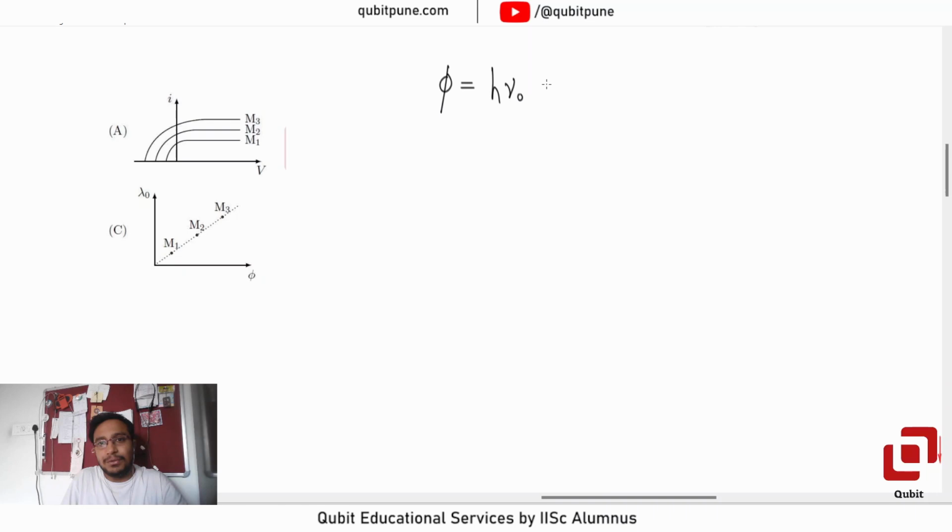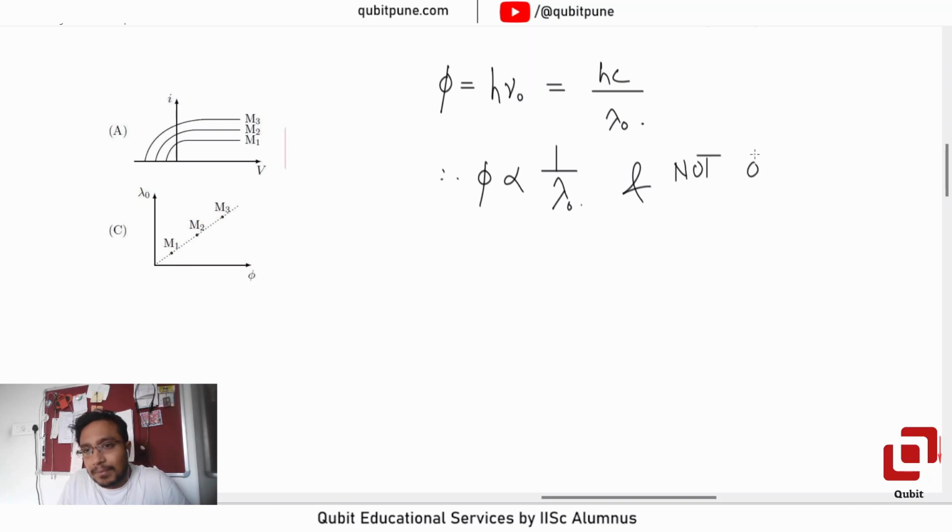Work function is h nu naught, which is hc by lambda naught, which means phi shares an inverse relationship with lambda naught and not phi proportional to lambda naught. Because it is not a linear relationship, it's a hyperbolic relationship, so C is not right.